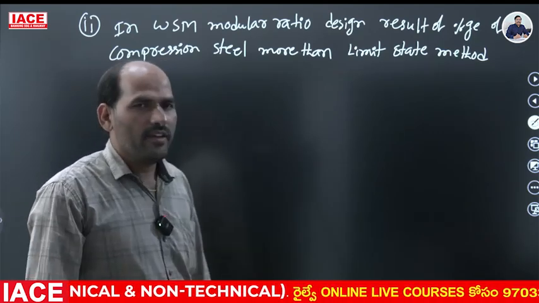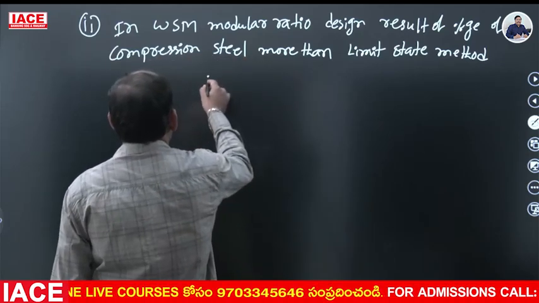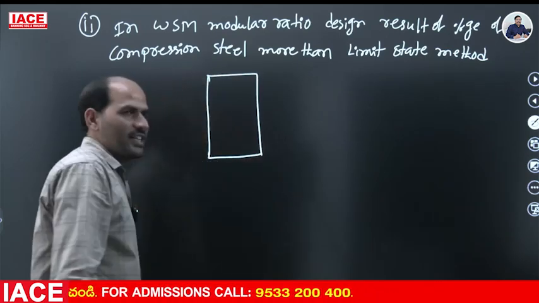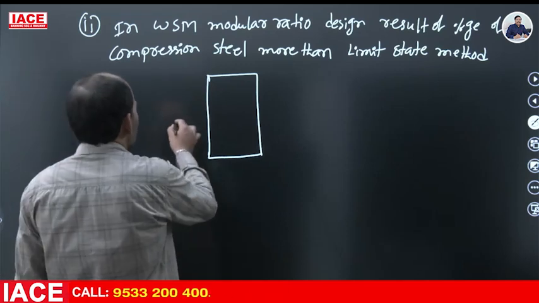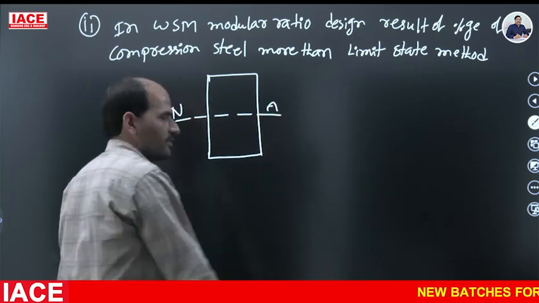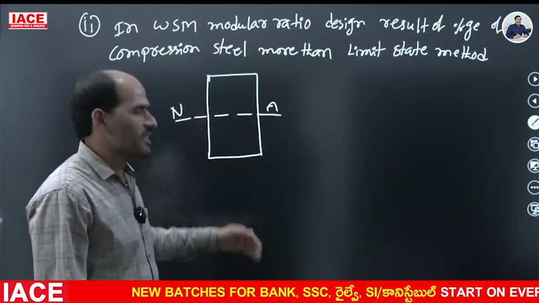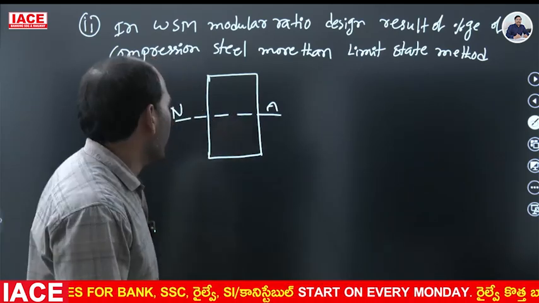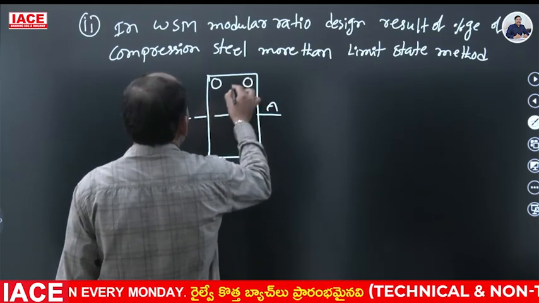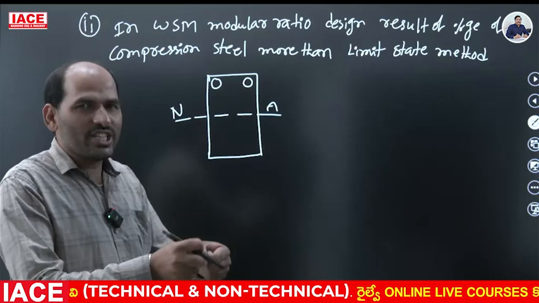For example, take the cross section of a simply supported beam. This is the neutral axis. Above the neutral axis is the top fiber, and below the neutral axis is the bottom fiber. In the bottom side tension develops, and in the top fiber compression develops.